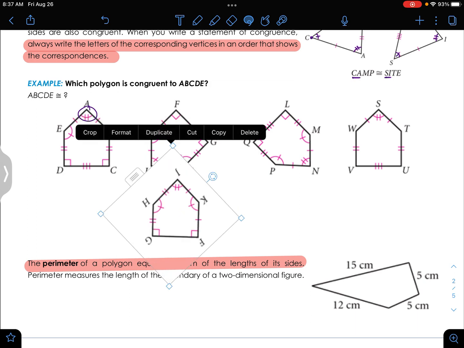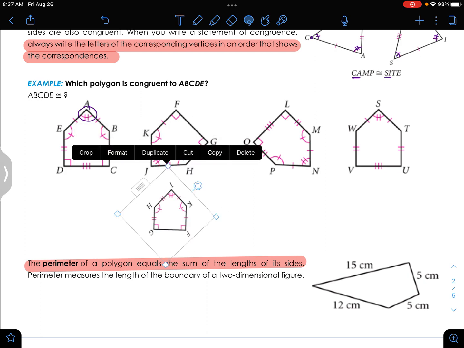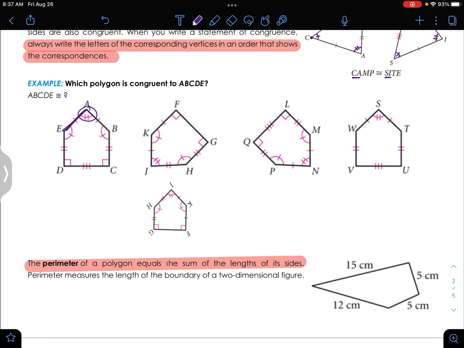EA has one tick mark, JH has two tick marks. Since those are corresponding sides, they should be congruent in order for the polygons to be congruent. But because JH is not congruent to AE, that means that this polygon is not congruent to ABCDE.